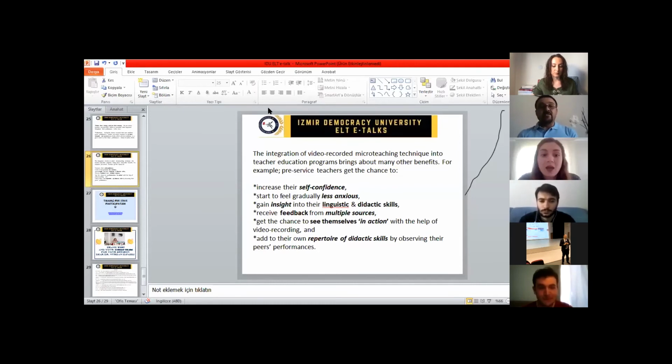They receive feedback from multiple sources, not just from advisors, but also from their classmates. They get the chance to see themselves in action. They are the teacher in the classroom and they can see it clearly. And finally, by watching their classmates' video recordings, they can learn new ideas to use in their classrooms.